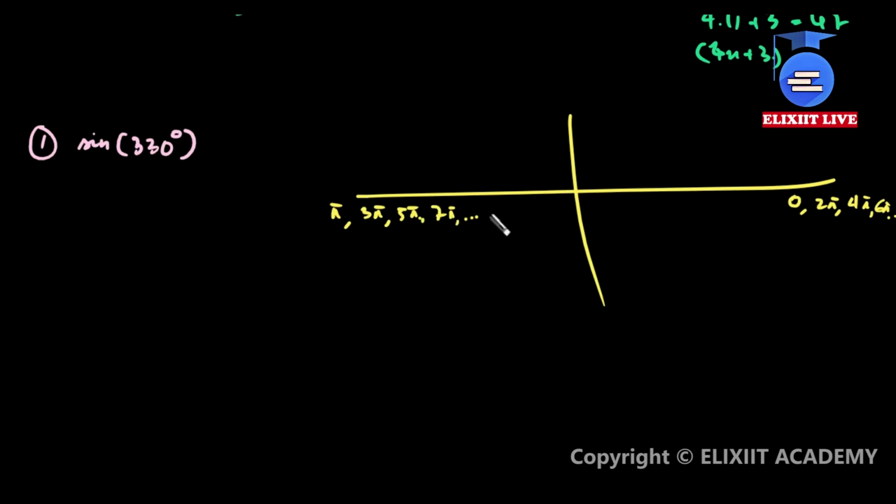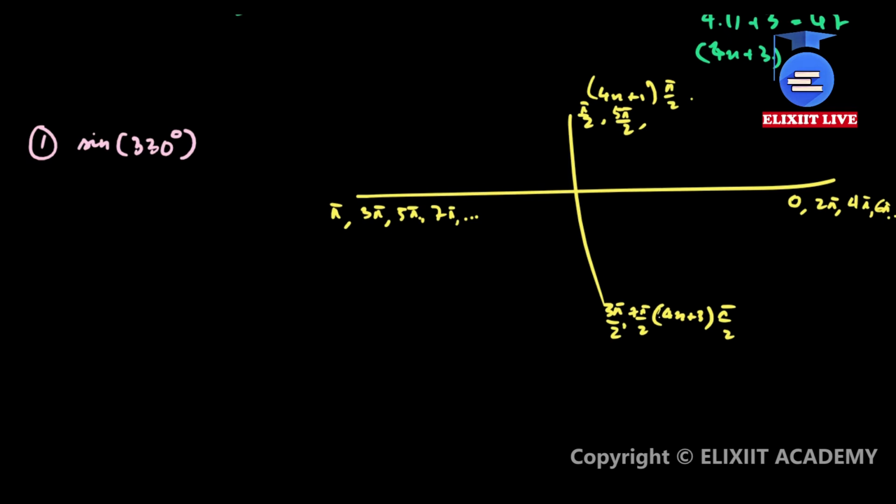Then here we have the 4n plus 3 pi by 2 angles, and here we have the 4n plus 1 pi by 2 angles. Basically we have pi by 2, then 3 pi by 2 will be here, then 5 pi by 2, then 7 pi by 2, and so on, likewise the angles.